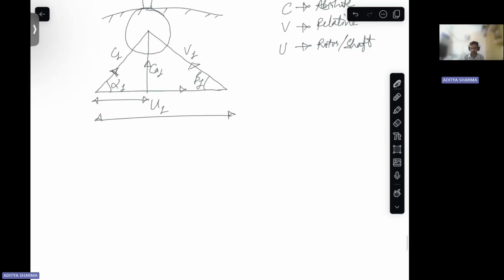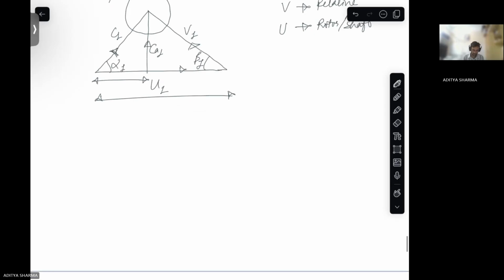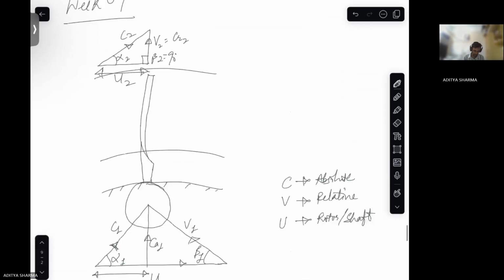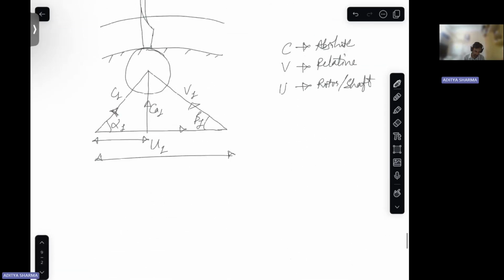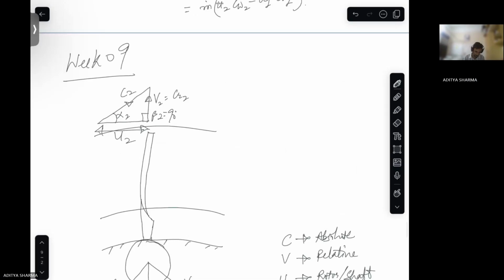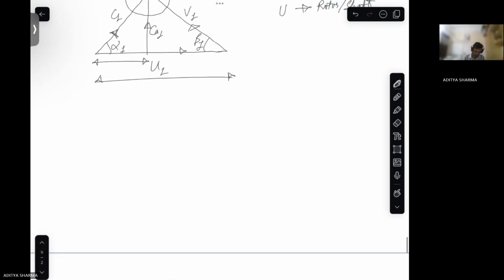Then what is discussed? Forward and backward vanes. Vanes have been discussed.